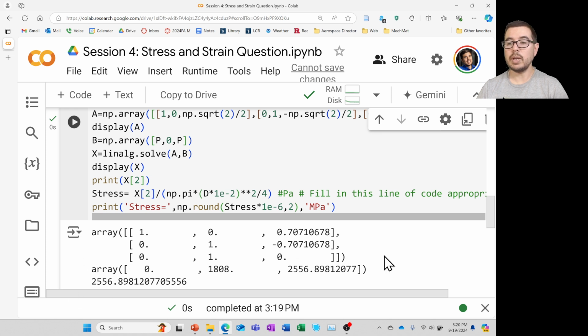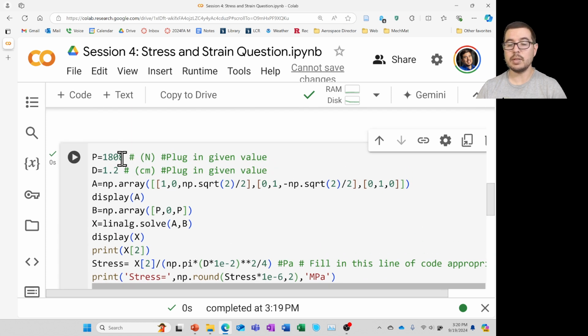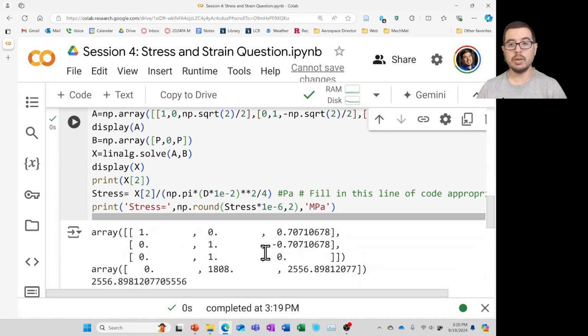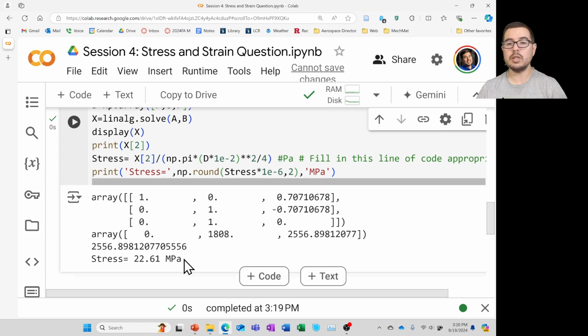And then this array right here is a display of the X. So this 0th element is 0, which is F1. This 1 element, corresponding to F2, is 1808, which is exactly what we put in. That's a good sign, and we know it's supposed to be equal to P. And then this third element, the 2 element, was the square root of 2 times P, and yes, that is square root of 2 times P. Then I said print x2, so that's telling us just the force.